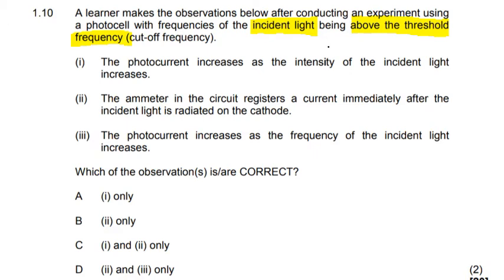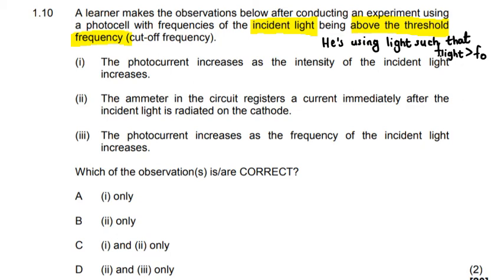So what we're saying is that he's using light such that the frequency of the light is greater than the threshold frequency.